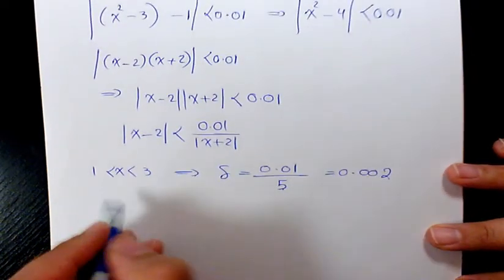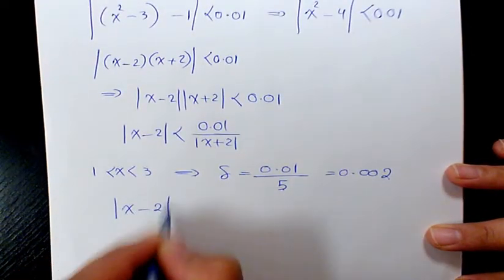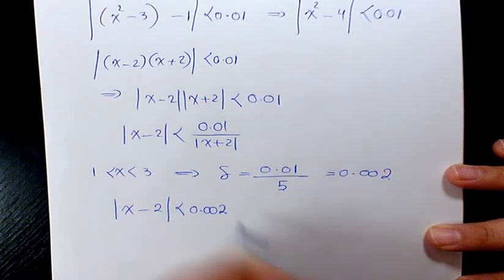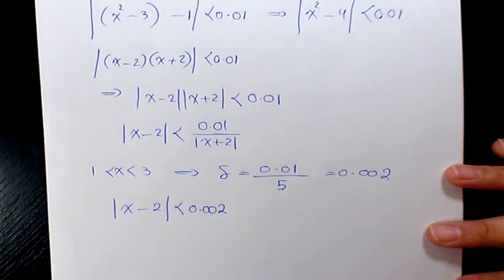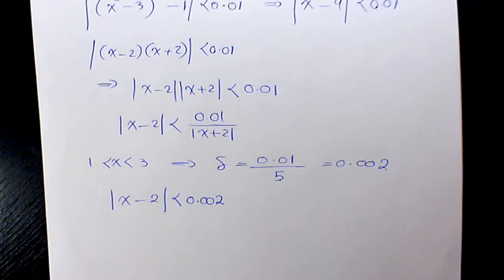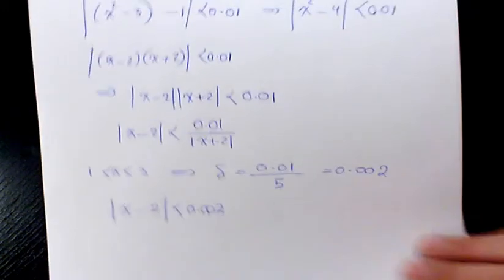So we can say that the absolute value of x minus 2 has to be less than 0.002. So the delta is 0.002. Let's see the next example.